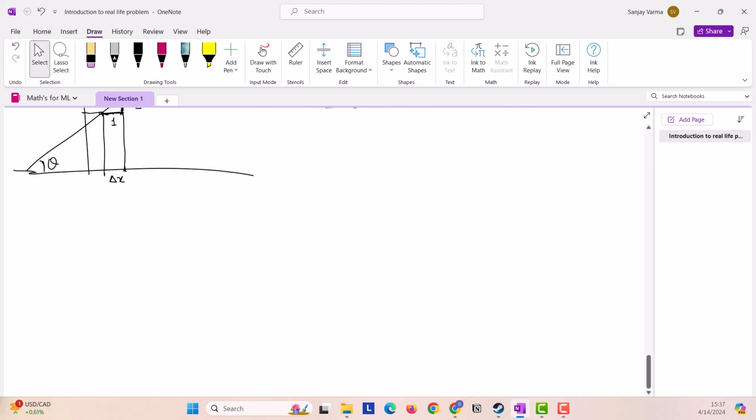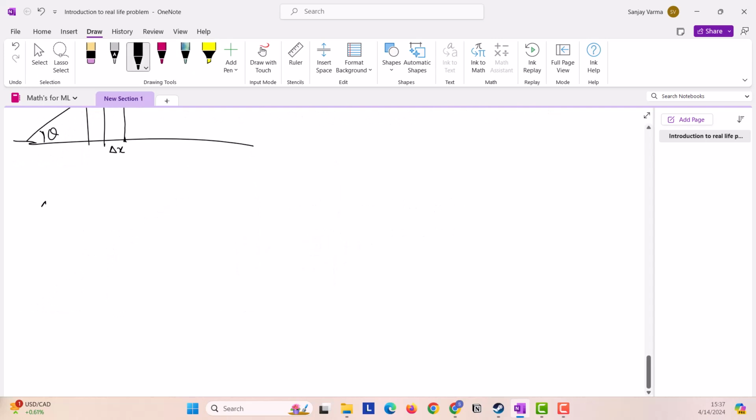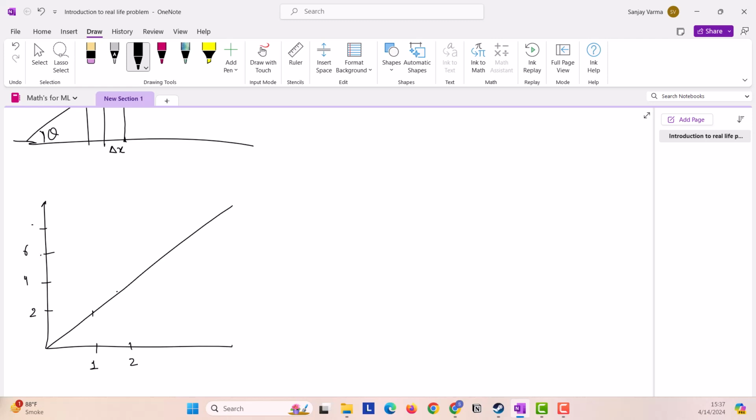Let's see another graph where we will understand this more. Let's say here we have 1, at this point we have 2, and here we have 2, at this point we have 4, 6, 8, 3, and 4.